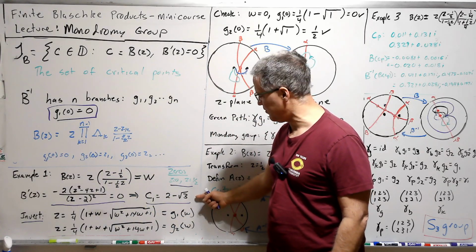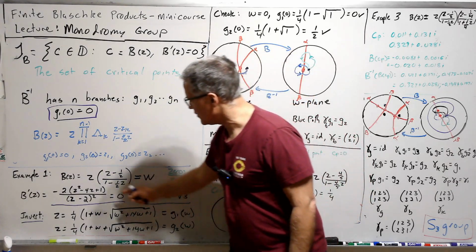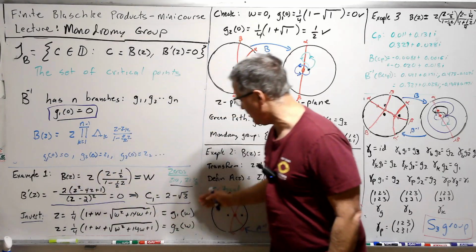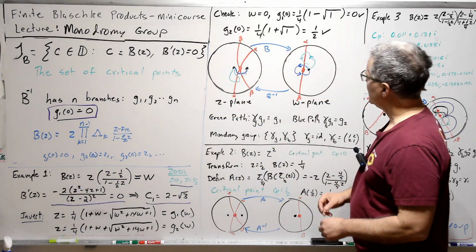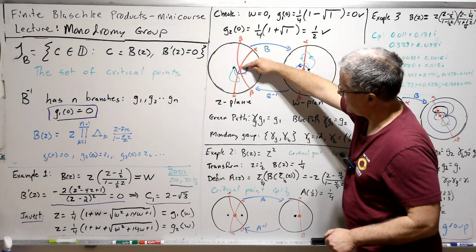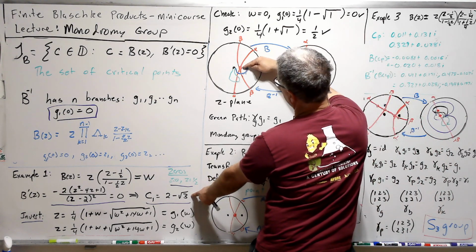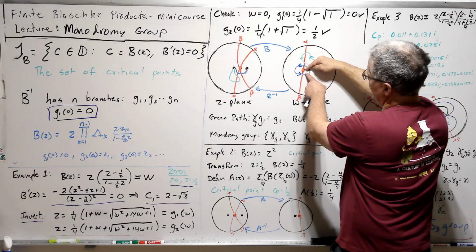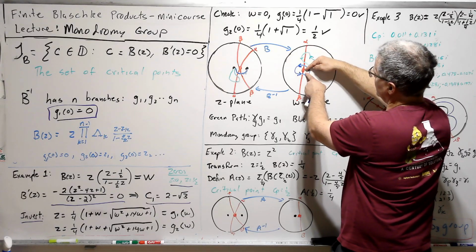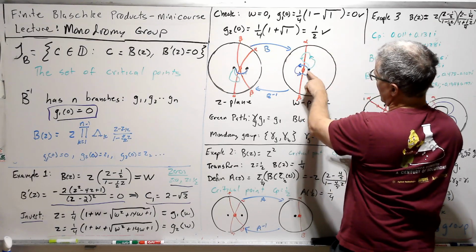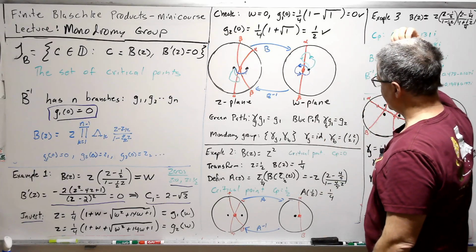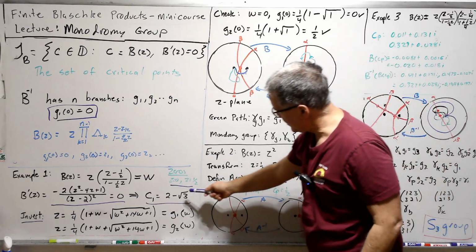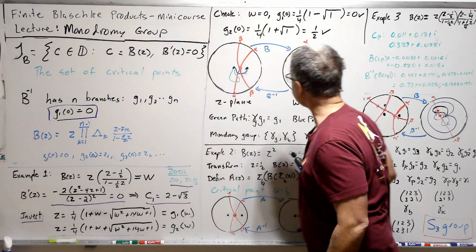We solved this in the Z plane, so this is the critical value in the Z plane, and we want that in the W plane. So we're going to take B of this value, and here is this value in the Z plane, and that's going to end up here in the W plane. So it just happens it's a little bit negative and real. You could check that out, you just plug this into here.